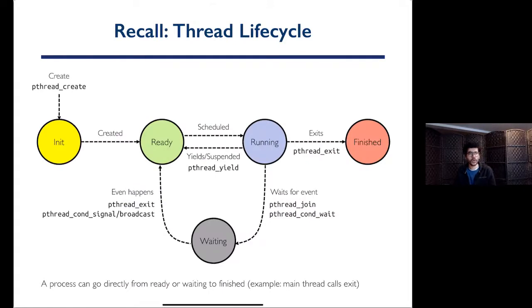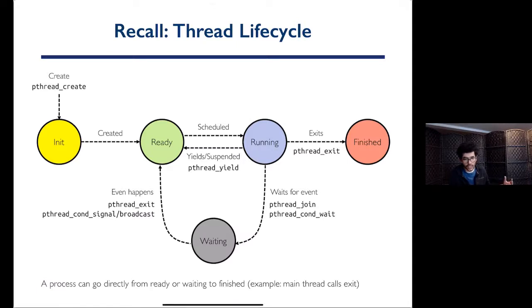Just to recall, we talked about different states of your thread. When you create a thread, while it's being created, it's in the new state. Once it's ready, it becomes ready. Then it gets scheduled, and the state changes to running. If it waits for something, I/O, lock, mutex, semaphore, condition variable, whatever, it changes the state to waiting.